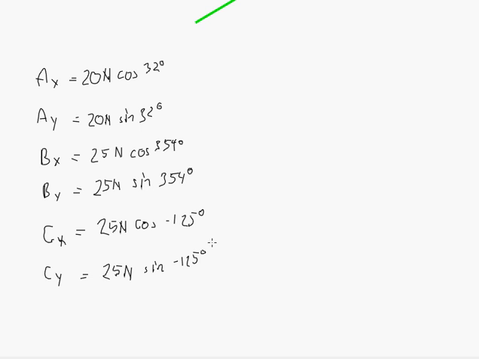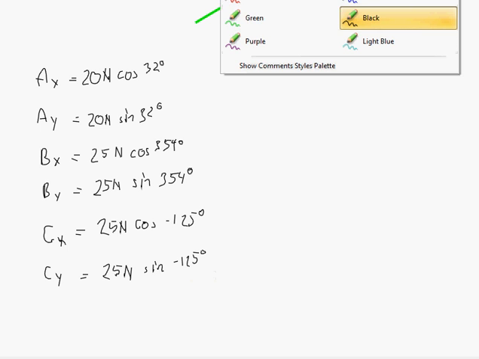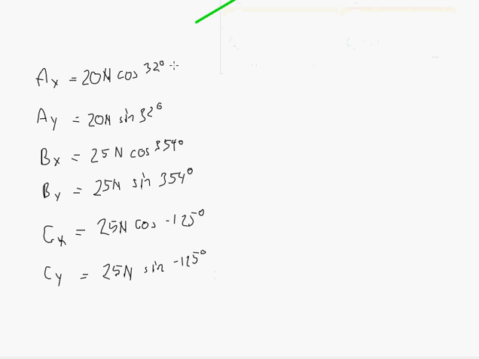So 20 cos 32. This should be familiar. I'm going to do some reduction, guys. It is getting late. It's past Mr. Shaw's bedtime. This is 16.961 newtons.